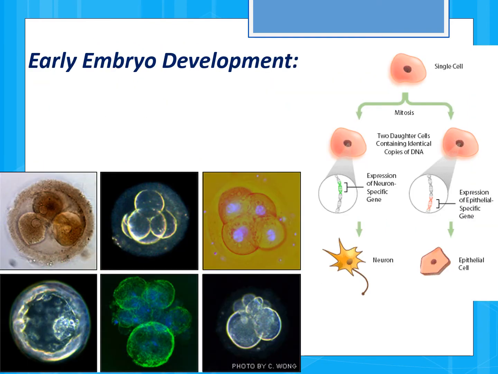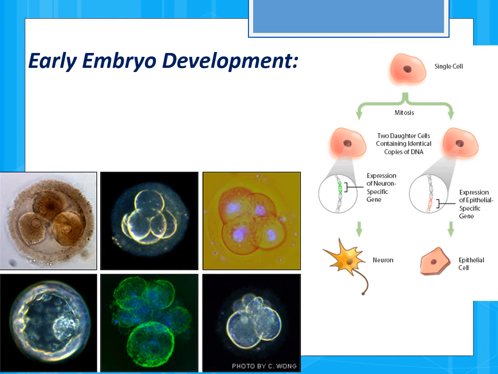If we have a look at this diagram at the top, we have these 2 identical daughter cells. In one, neuron-specific genes are expressed. Again, expressed means those genes are the ones that are transcribed and translated, giving rise to a neuron. Whereas in this other cell, which is genetically identical, we're expressing different genes.